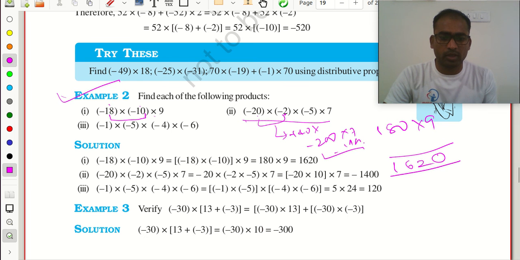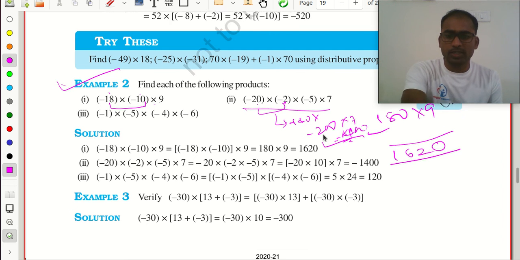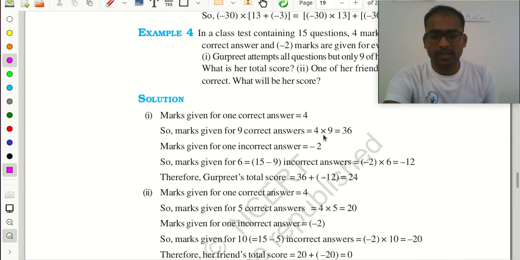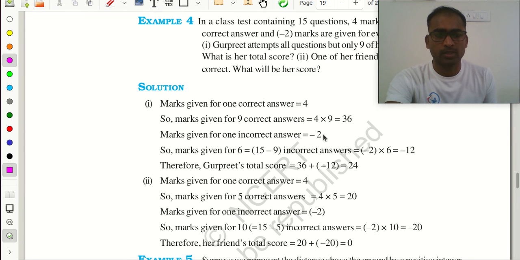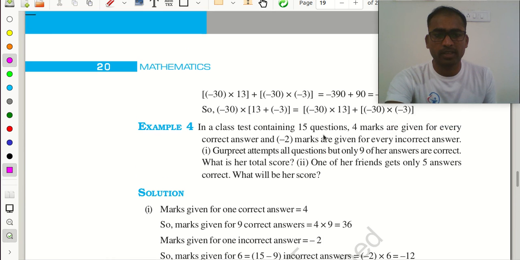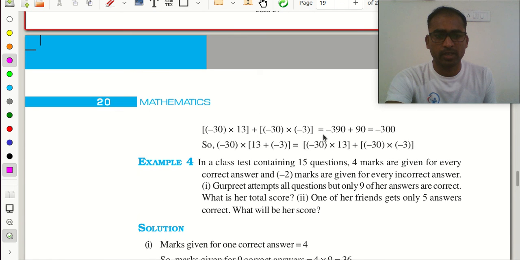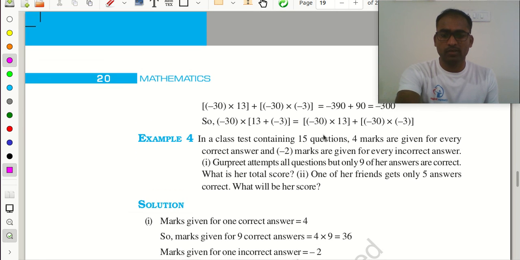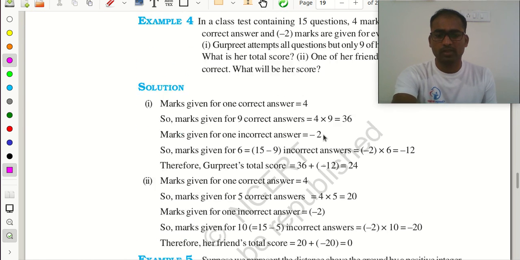So minus 1400. Okay, so this is the way to solve. So this is why we need to learn these properties. Because these properties help us solve mathematical problems in an easy way, to get the answers in an easy way.